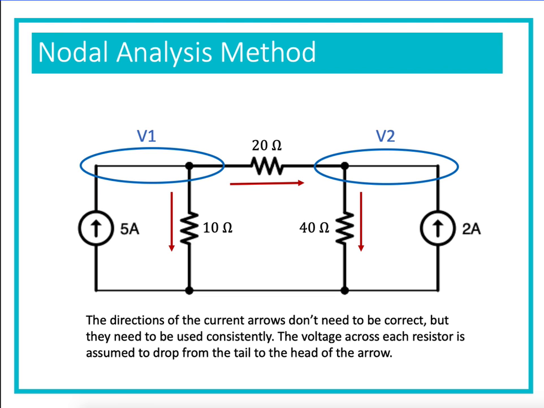But once we put arrows in, we need to be consistent. For instance, if we put the 10 ohm resistor arrow going from bottom to up, then to figure out the current using Ohm's law, we'd have to use 0, subtract V1, and then divide by 10 ohms. So it's easier if you're just always going towards the reference, then the 0 goes away. But it's up to you, whatever you want to do. The important thing is to be consistent.